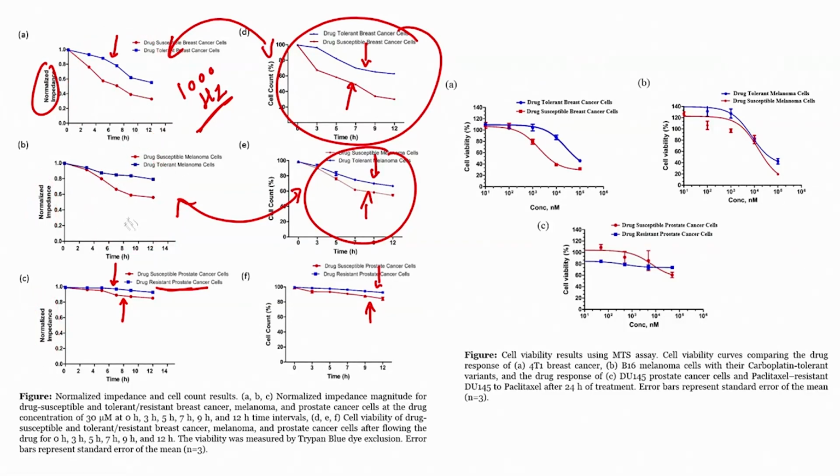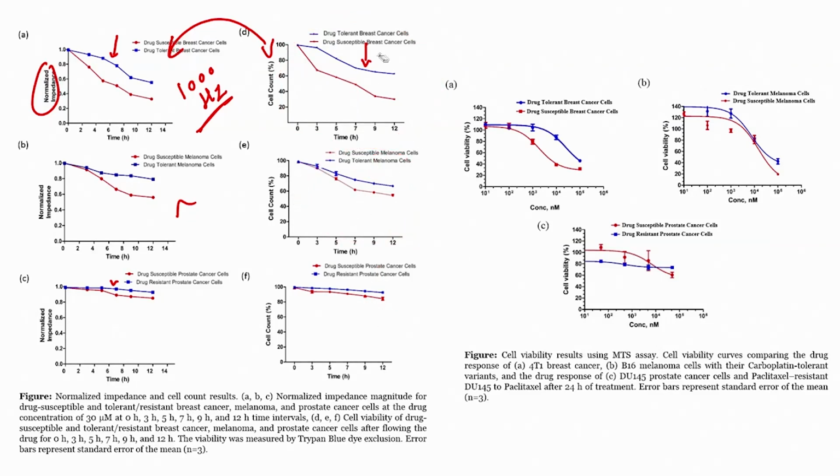D, E and F show cell viability of drug susceptible and tolerant breast cancer, melanoma and prostate cancer cells after flowing drug for 0 hours to 12 hours, at intervals of 2 to 3 hours.